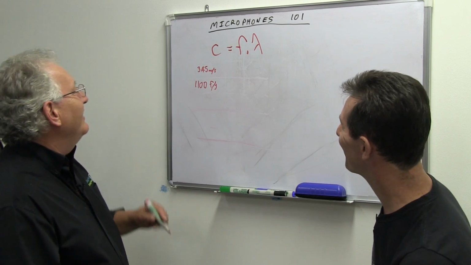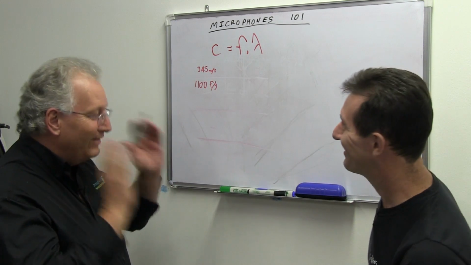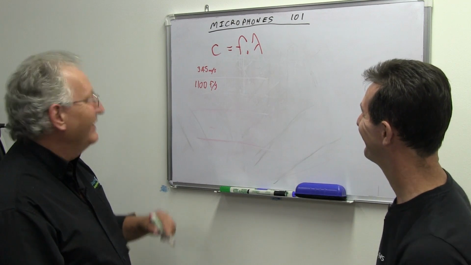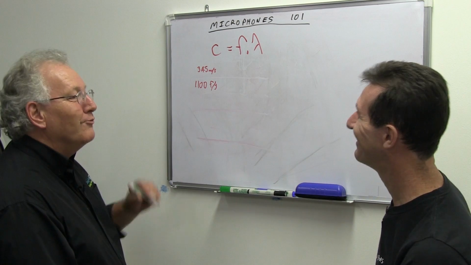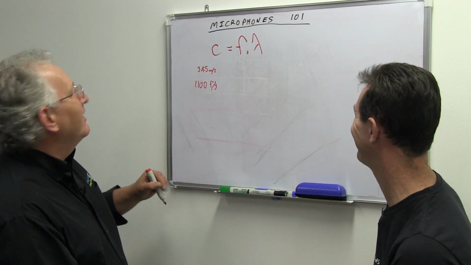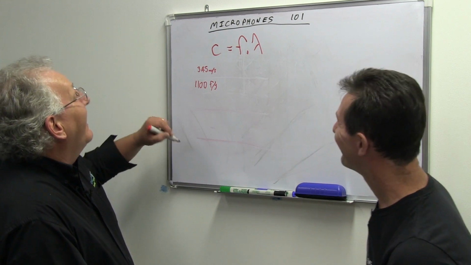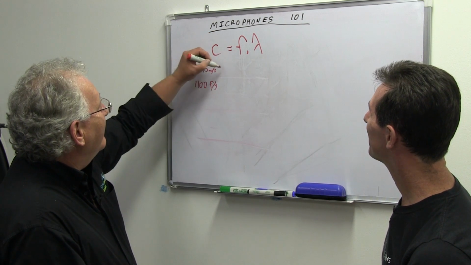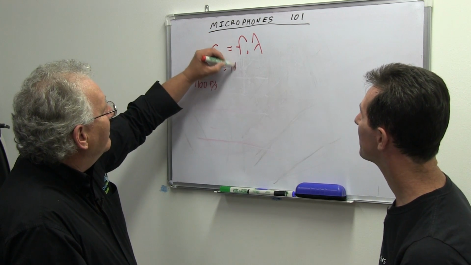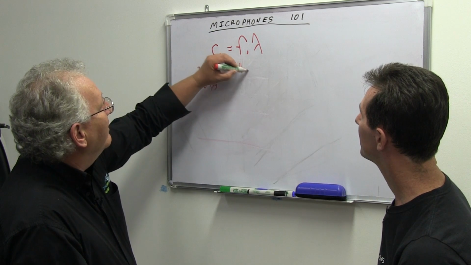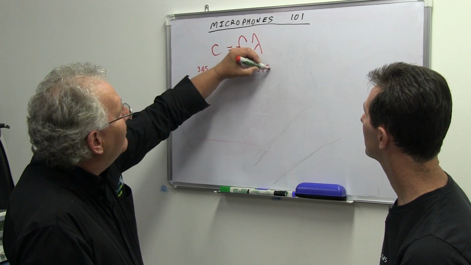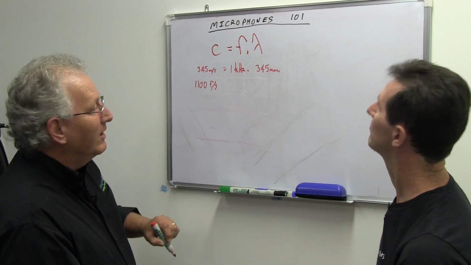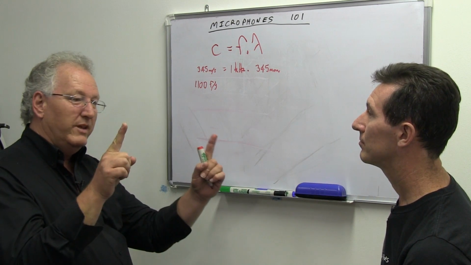At a kilohertz, that equals 1 kilohertz times 345 millimeters. So at a kilohertz, that's about a wavelength.